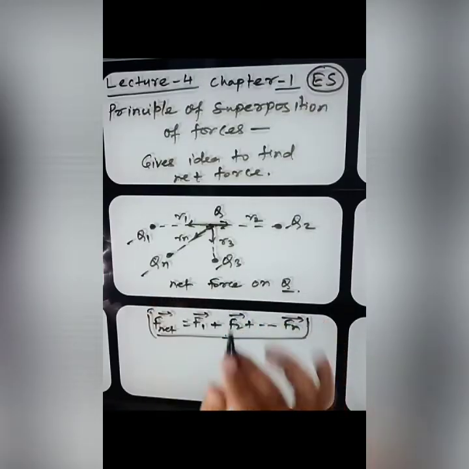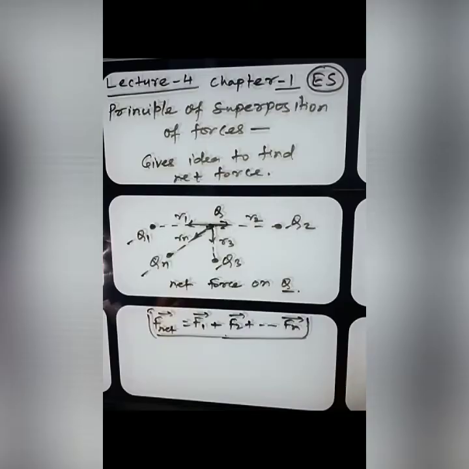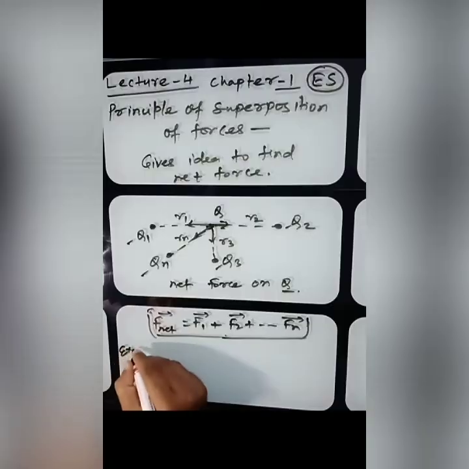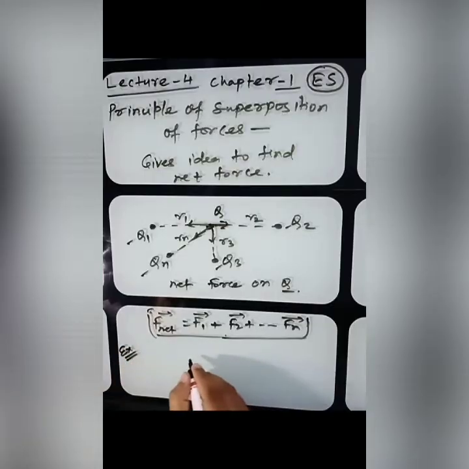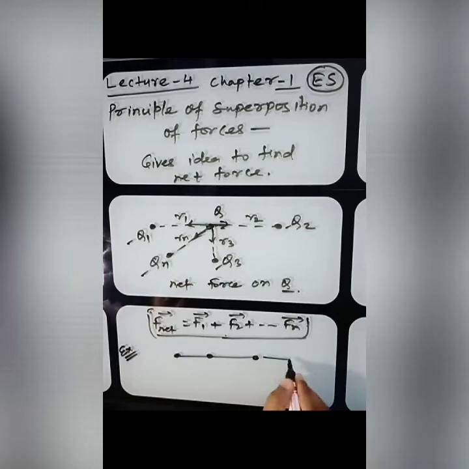Now using that superposition principle, we'll try to solve a few questions. The very simple question I'm giving you over here. The first example: three charges are placed on a line over the x-axis as Q, 2Q and 2Q.